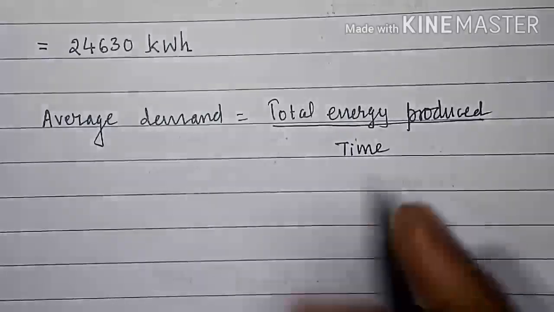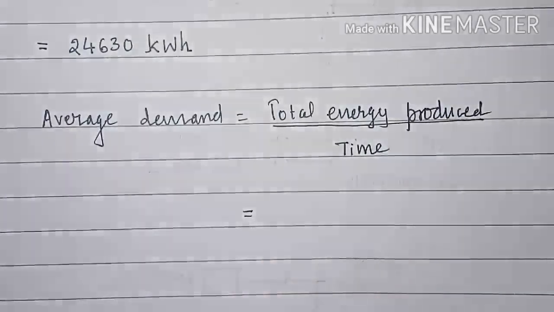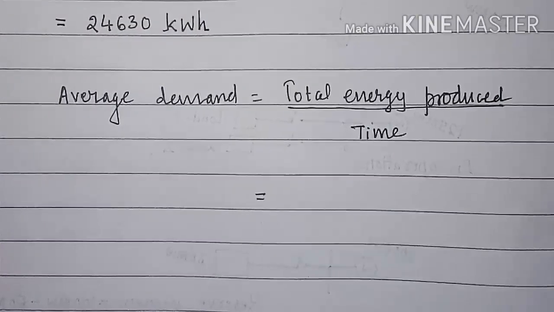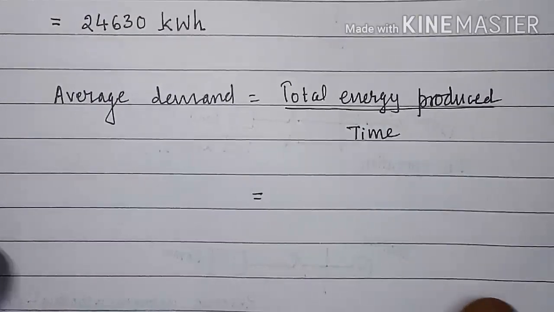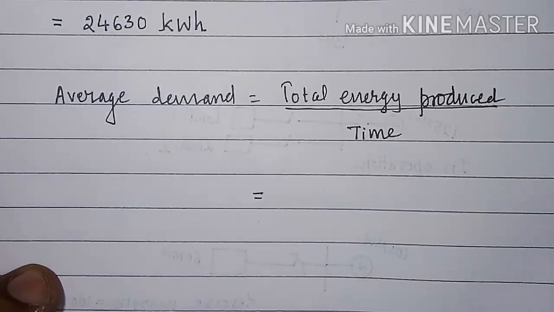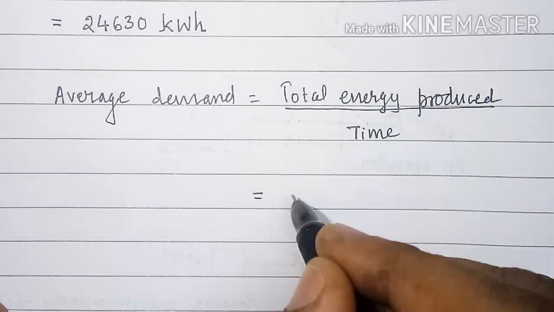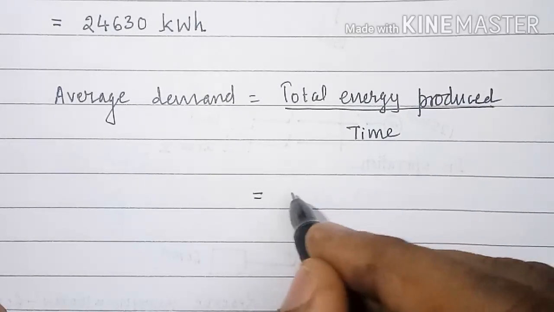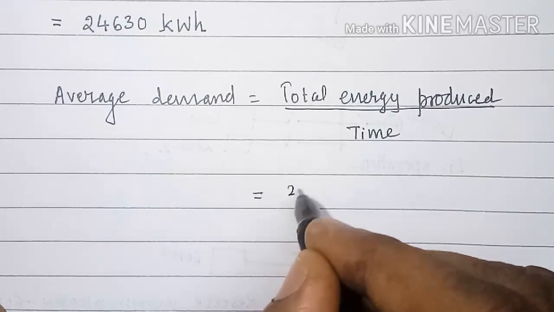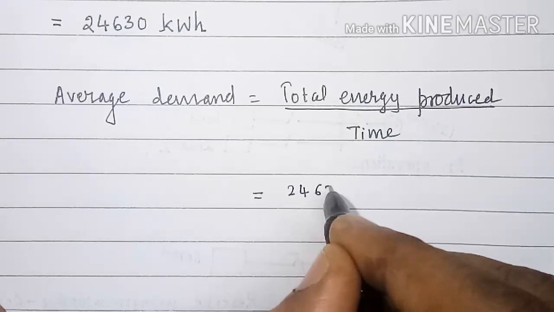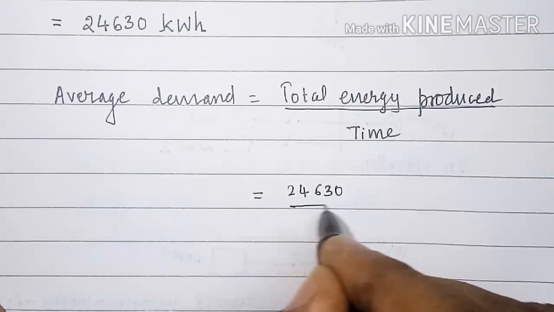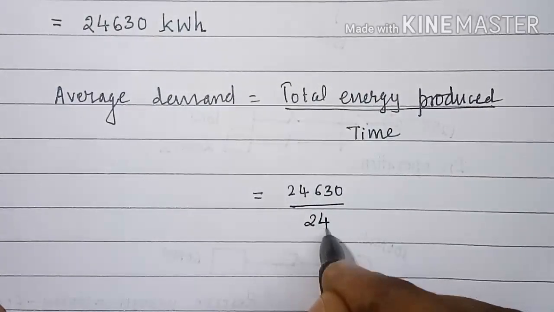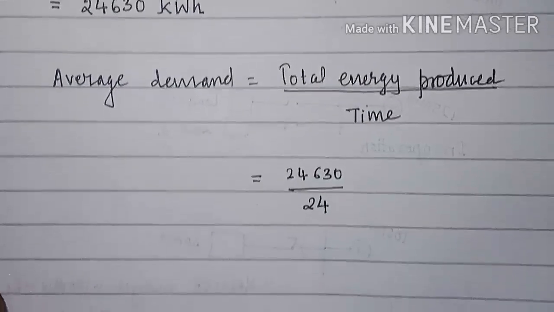Therefore, that is equal to 24630 divided by 24.